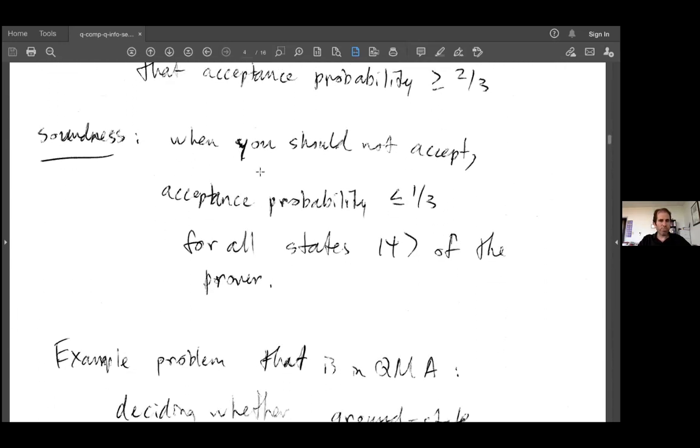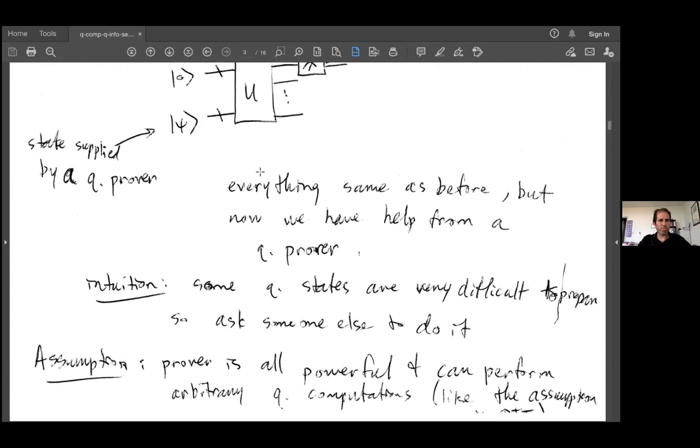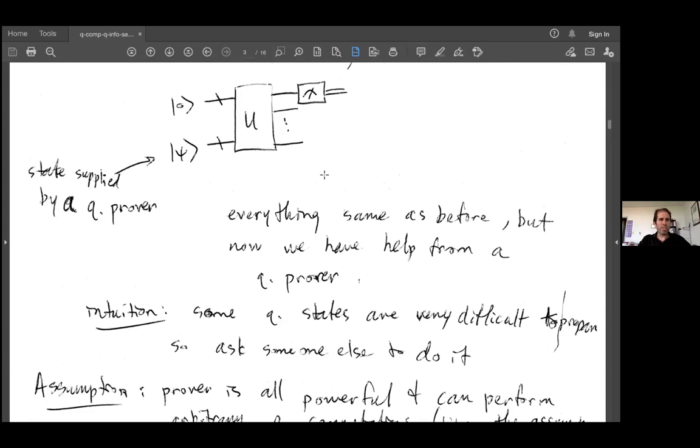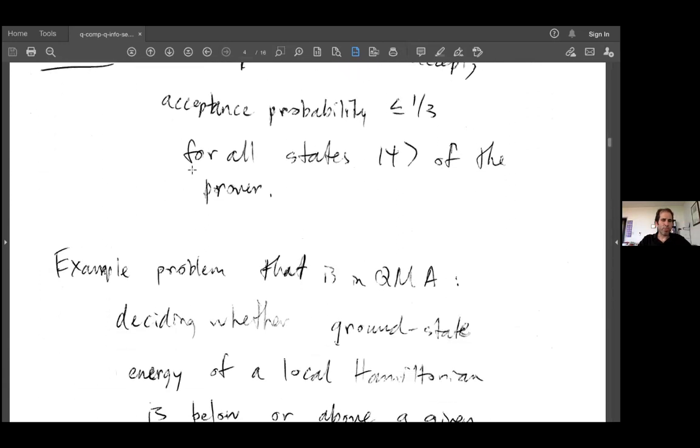So, the example of local Hamiltonian: if the ground state energy is indeed above some amount, then there should not be any state that the prover can generate to convince you that the ground state energy is below that amount, right? And so that's the model.